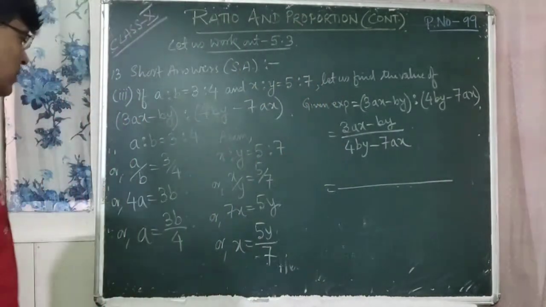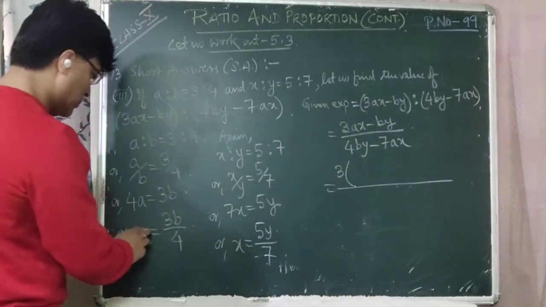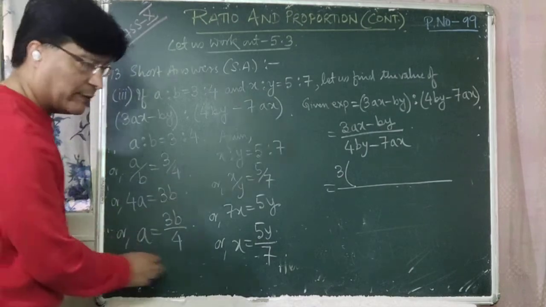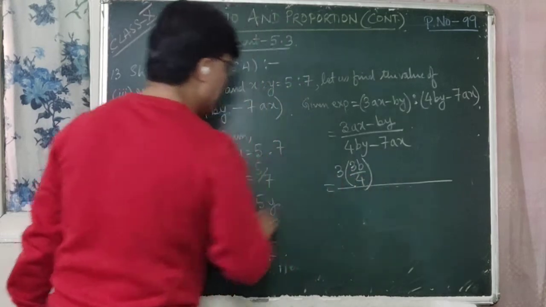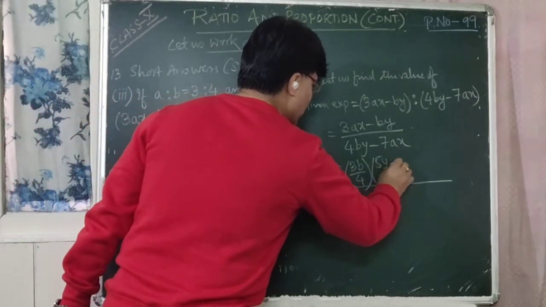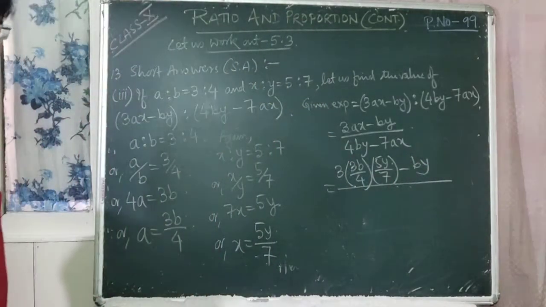Let us put the value for a and x. So it is 3 into, what is a here? 3b by 4, right? Let us put it here, 3b by 4. And what is x? 5y by 7, then minus by. Right?